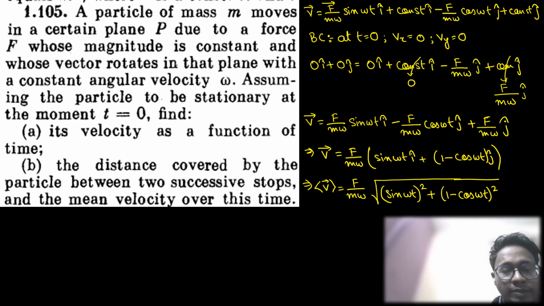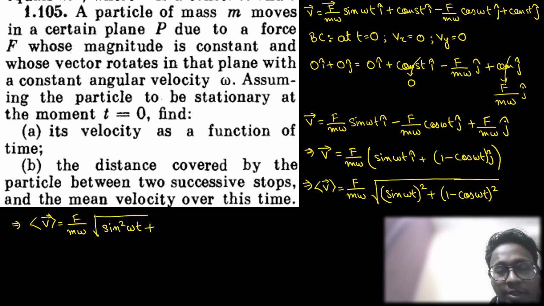If I expand this, the magnitude of velocity is f by m omega, sin square omega t plus 1 plus 1 minus 2 cos omega t plus cos square omega t.